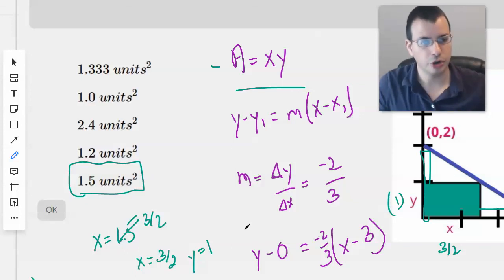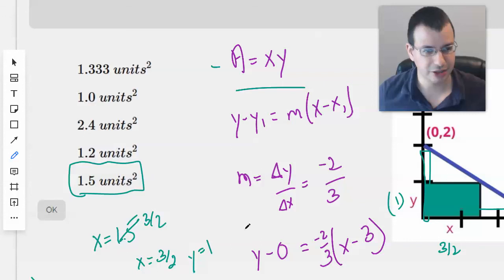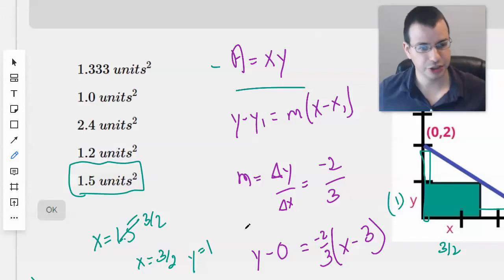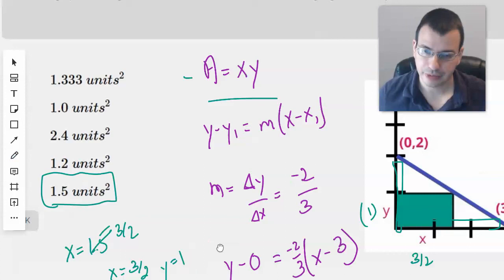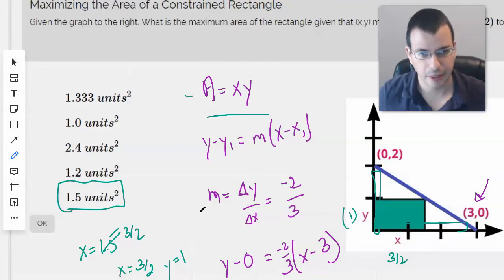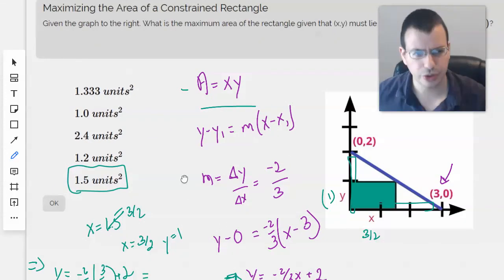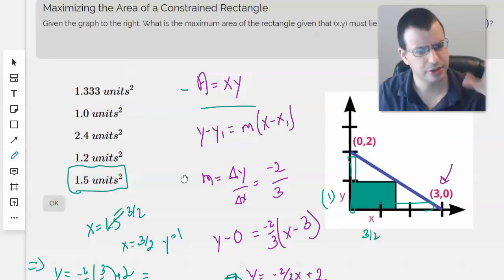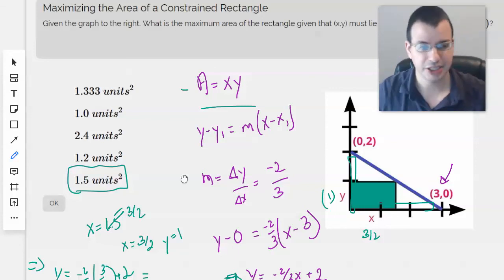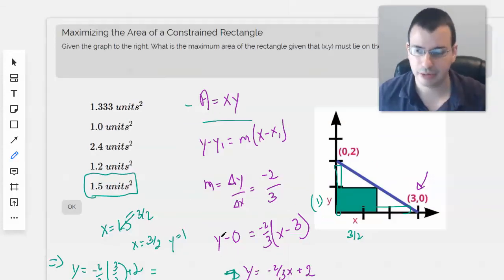But if you're thinking more along pointy rectangular sides, the most efficient rectangle will be a square. The more squarish we can make it, the better. That makes sense for why this would be the maximum and not the minimum. You always have that doubt in your mind when you have critical points: is this a maximum or a minimum? In this case, it's obviously going to be a maximum.